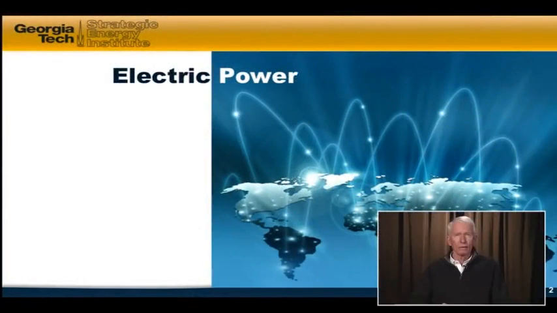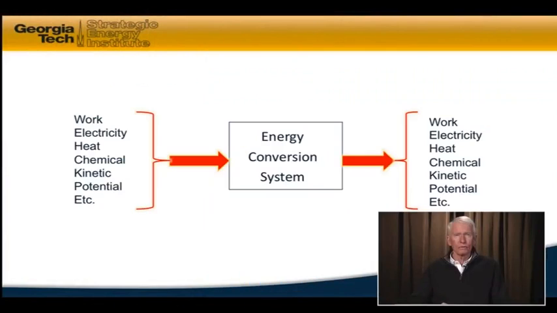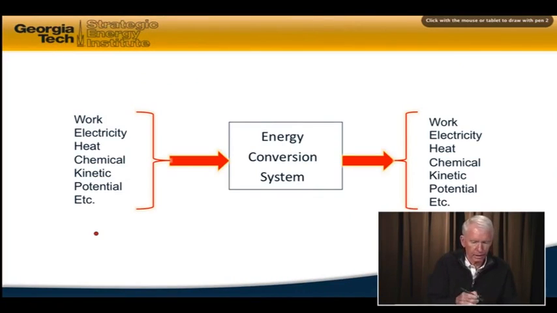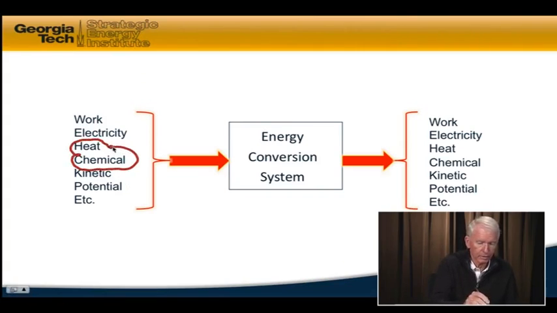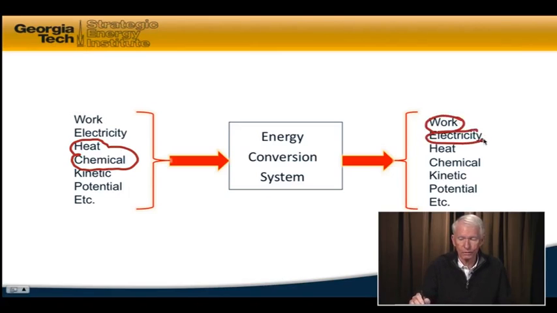Hello, back to Energy 101, and today we're talking about electric power, part of the energy conversion process. Specifically, we're looking at electric power, which takes heat, where the chemical energy actually gets converted to heat, and we're converting it at first to work with a shaft that then turns an electric generator.